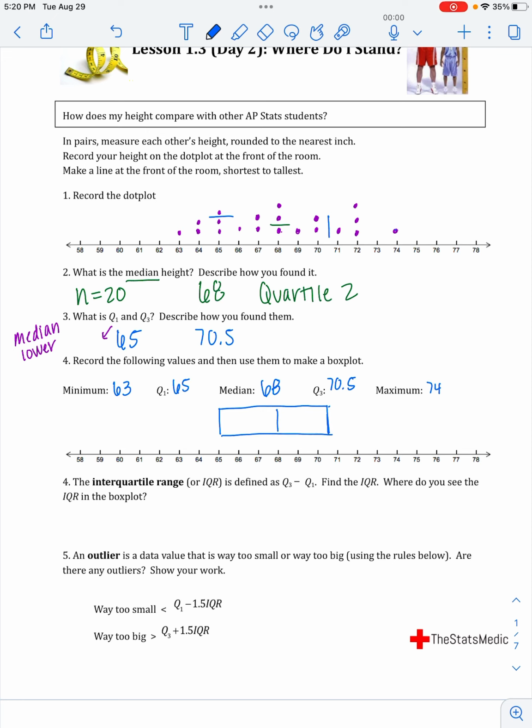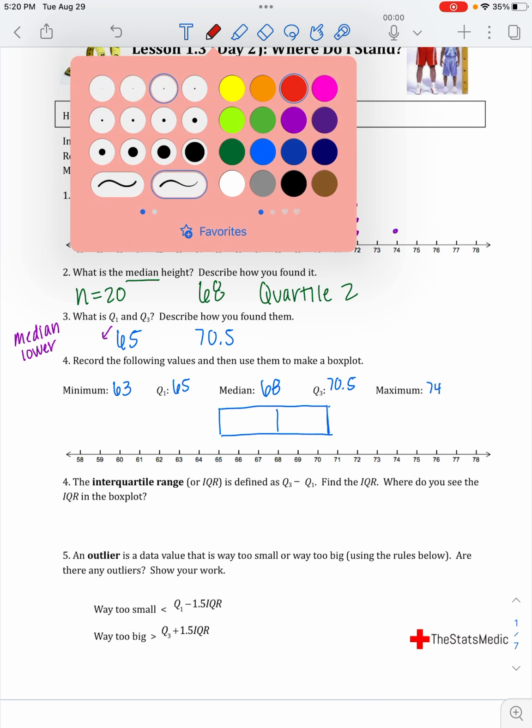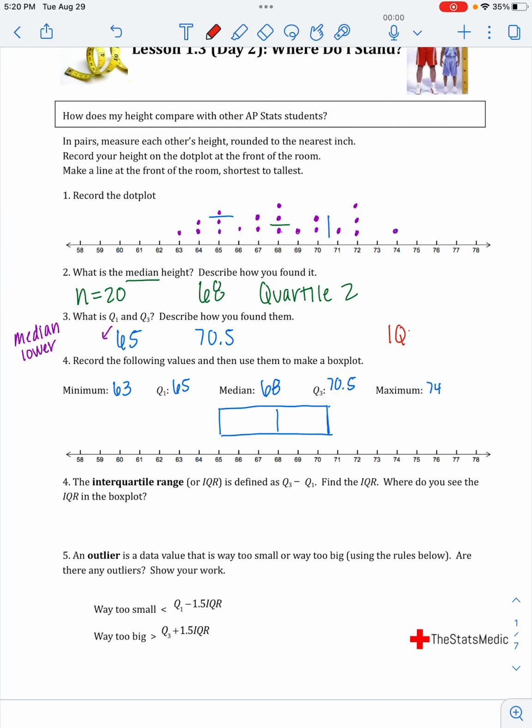This is actually known as my IQR. My IQR is when I find that 50% of the data, because you would take your Q3 and subtract your Q1. In this instance, I would take my 70.5 and subtract my 65.